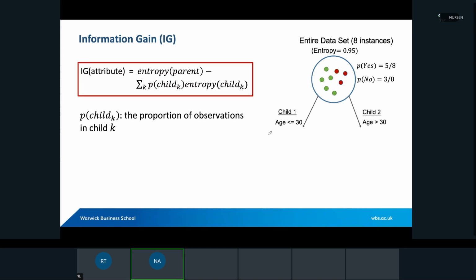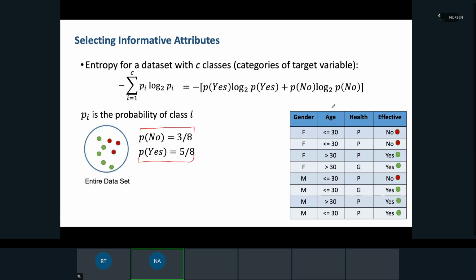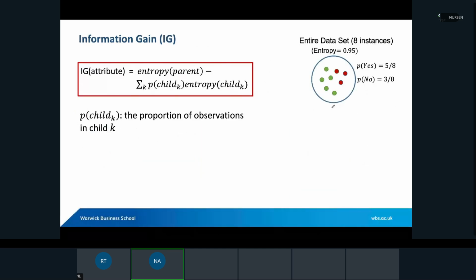So in the age column, we have categories less than or equal to 30 and greater than 30. So let's remember our data set here. As you see, age is already a categorical variable, less than or equal to 30, greater than 30. So in age, we have 2 categories, and according to these 2 categories, we divide our data, and these are called child.